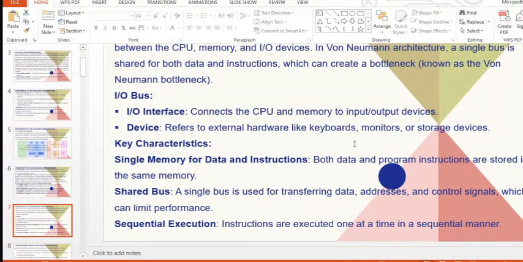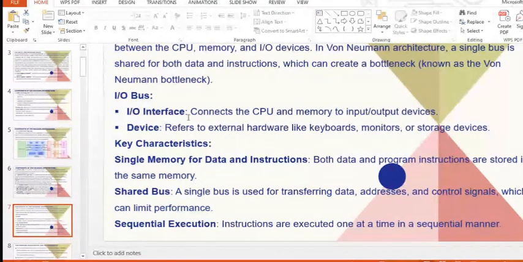How do you interact with those hardware devices, given the interfaces, and the data and instructions processed by the CPU or the processor? Given the output devices or external hardware devices, such as the keyboards, the monitors, and the storage devices, you're able to interact using the sequential instructions and the data which have been processed by the CPU.